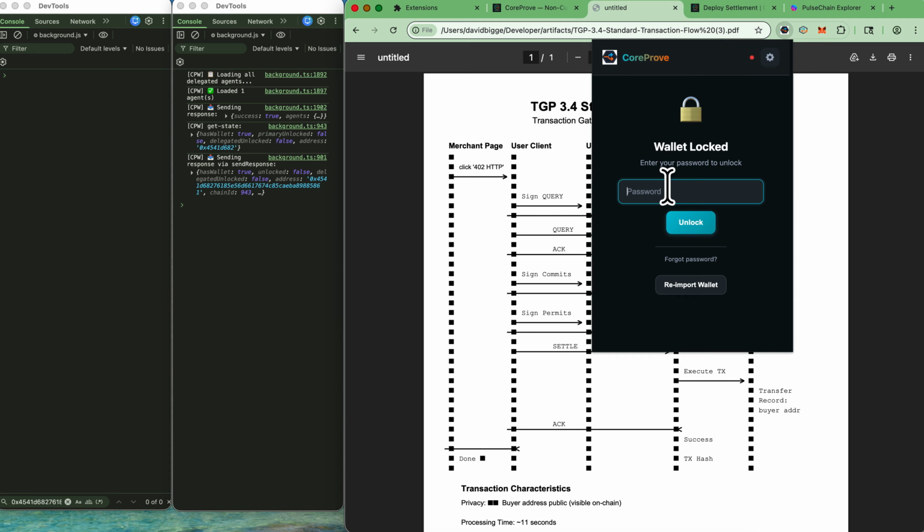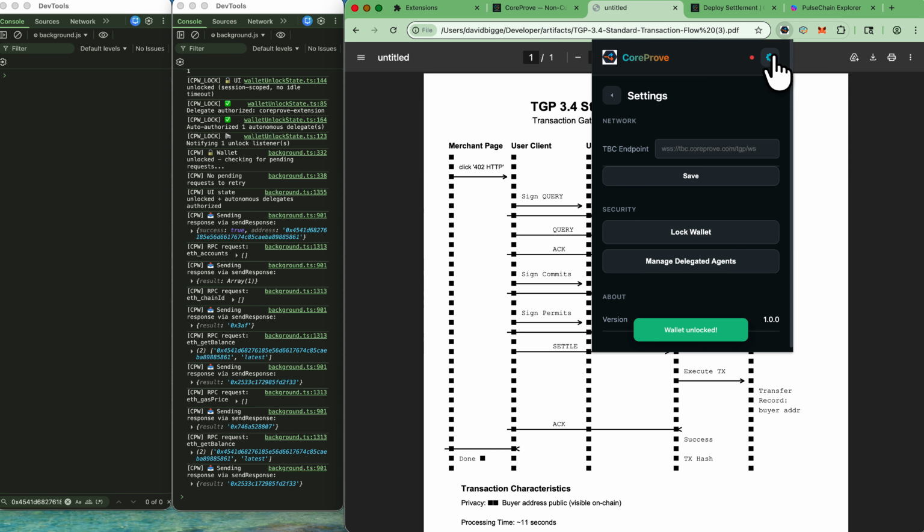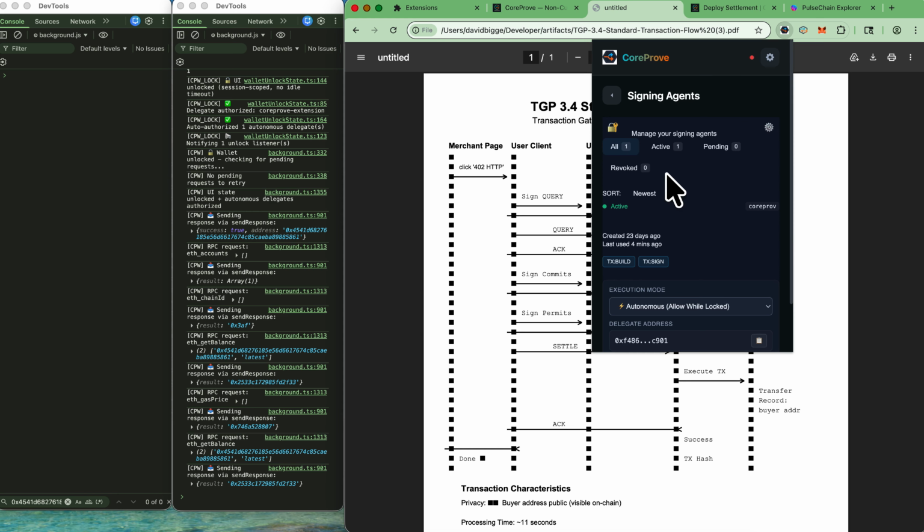In a wallet, you have a seed phrase, and that seed phrase gives you access to more than just one address. In the CoreProve wallet, there's a section for manage delegated agents, and this is where the wallet actually creates the delegated addresses and assigns them to the client in this case.